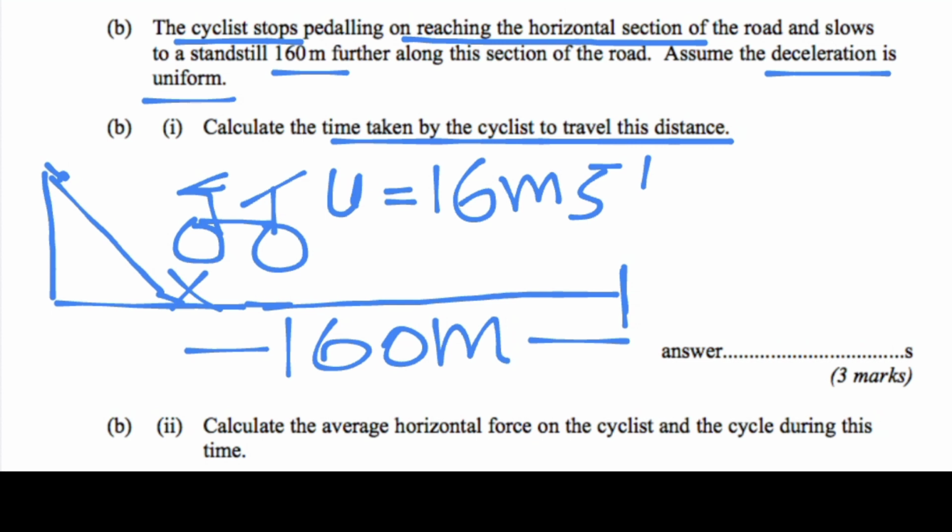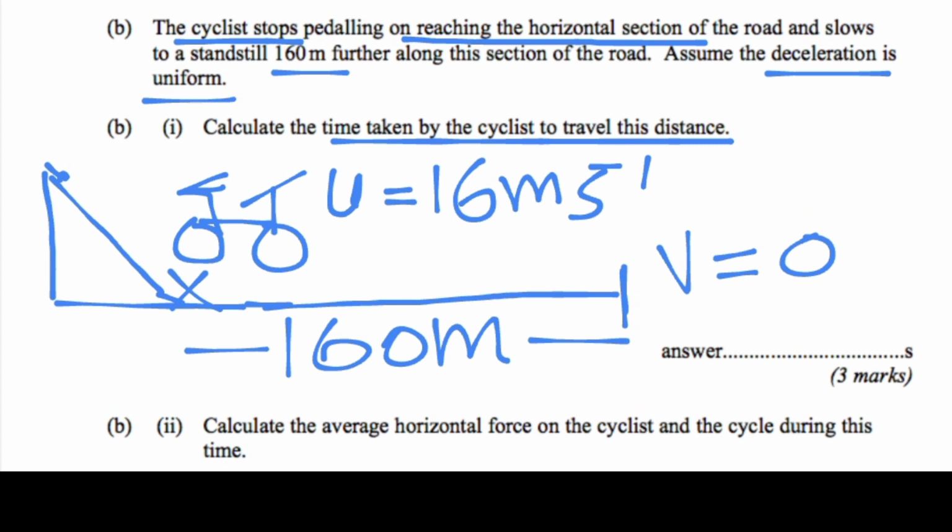All right, so now we find the time taken, but we know the final speed is 0 because it says the cyclist stops, right? So its final speed will be 0 meters per second. So v is equal to 0.